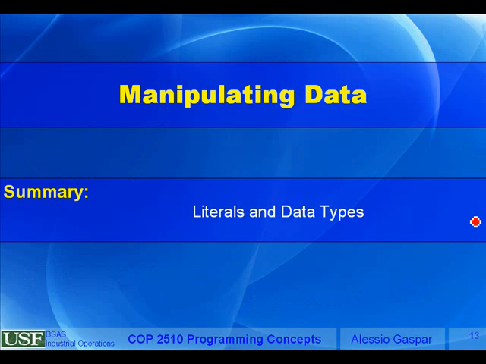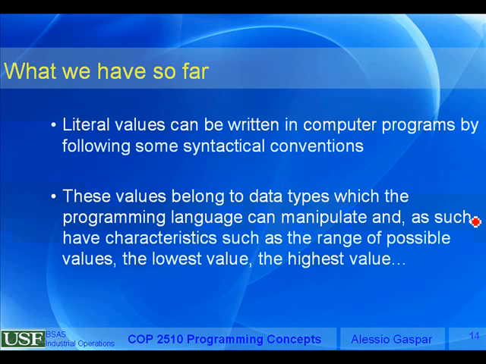Okay, so we are done with literals first, the idea of data types. Let's try to conclude this aspect of the lecture by bringing together literals and data types. What we have so far: literal values can be written in computer programs by following some syntactical conventions. 10 is an integer. 10.0 is actually a floating point number.